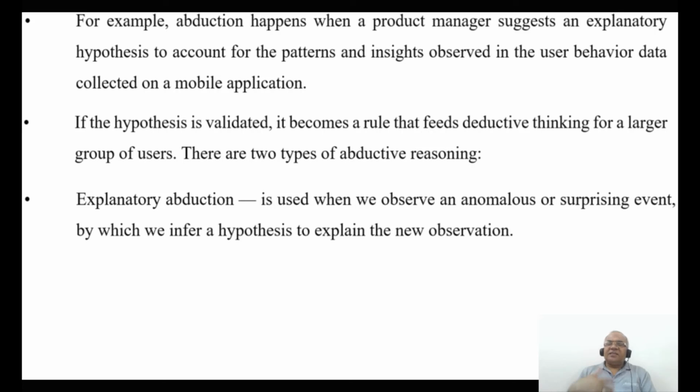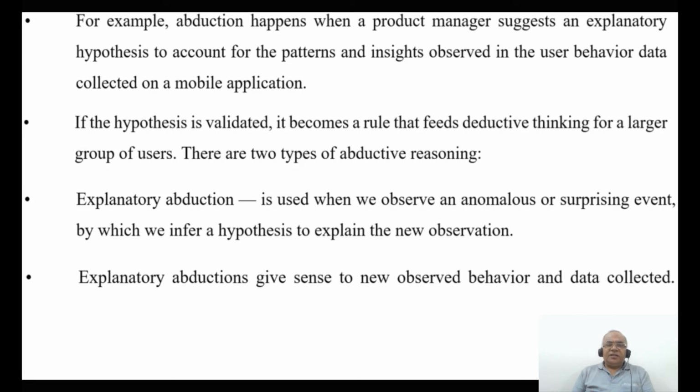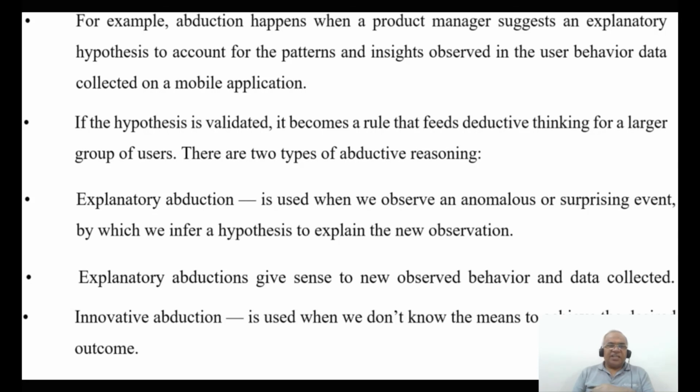Since it is a surprising event, there is no particular rule to follow, so he observes and analyzes the data and uses it to make a new observation. Explanatory abduction gives sense to newly observed behavior and data collected.